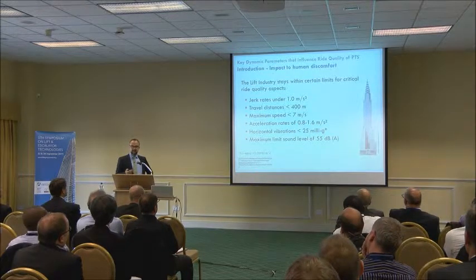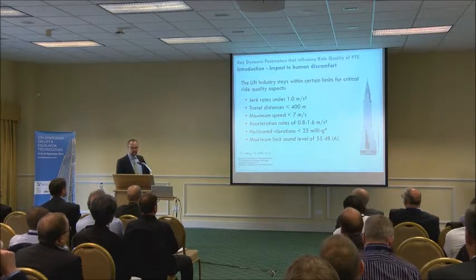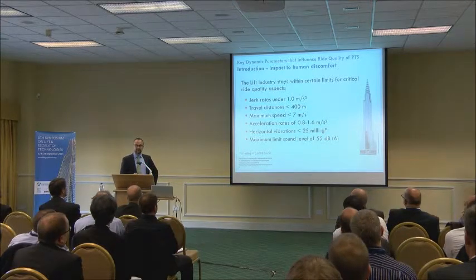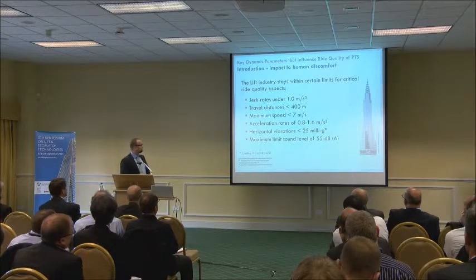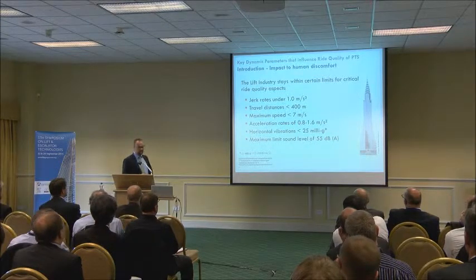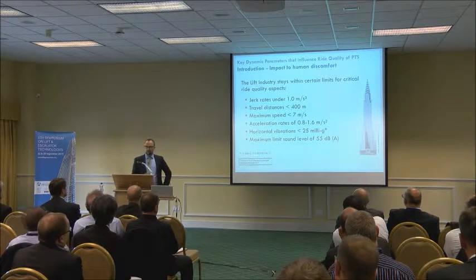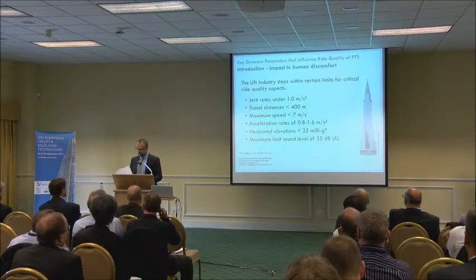Horizontal vibrations are typically specified below 25 milli-G, and if the PTS, for example the elevator cabin, maintains a maximum sound level of 55 dBA, this is a desired limit we are looking for.